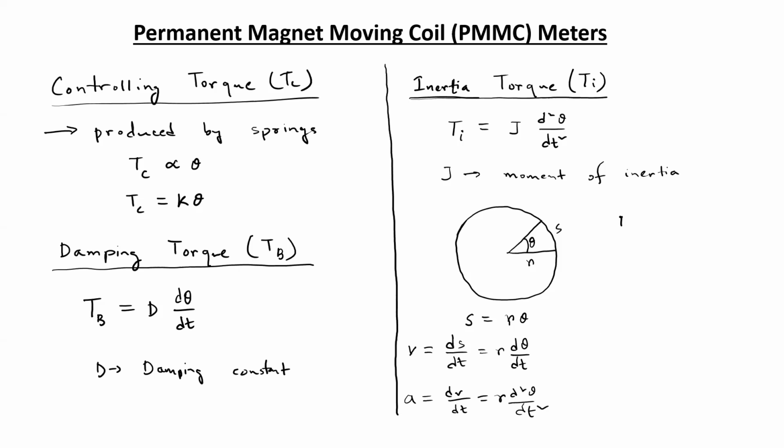Now, in case of force, we normally associate it with linear motion, and torque with rotational motion. So, in case of force, we know the general expression F equals ma, where the mass is related with the force in terms of the acceleration.